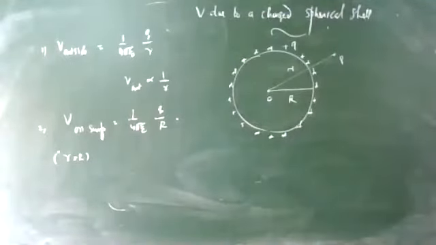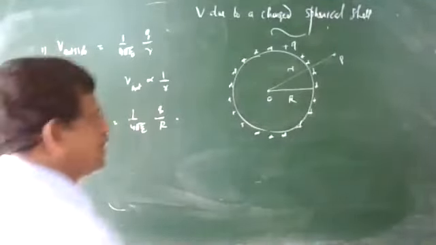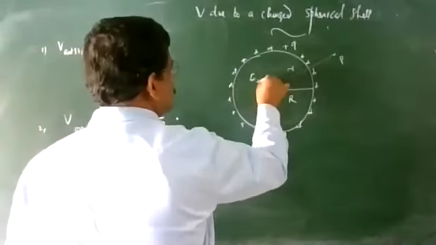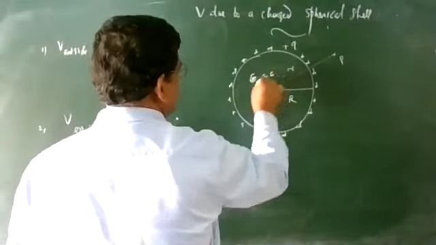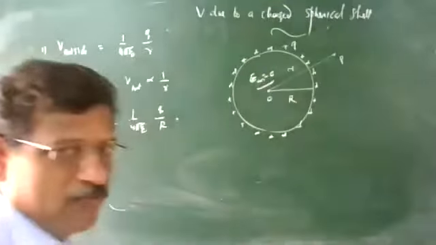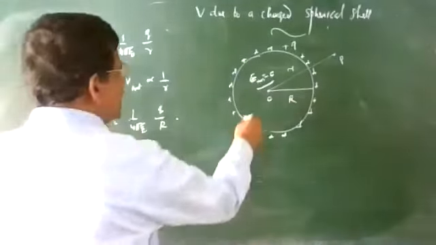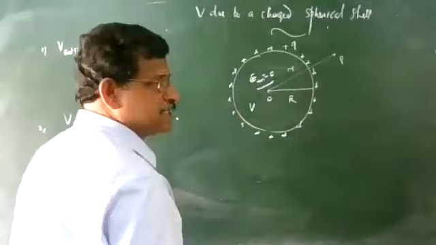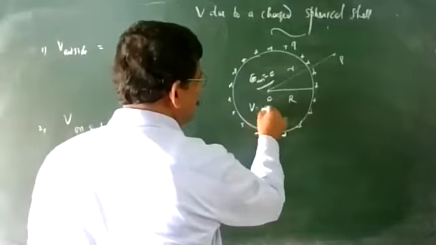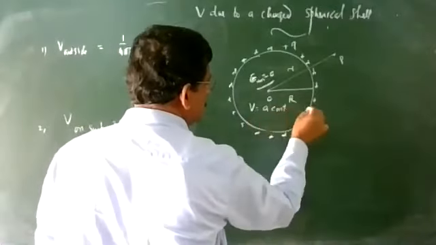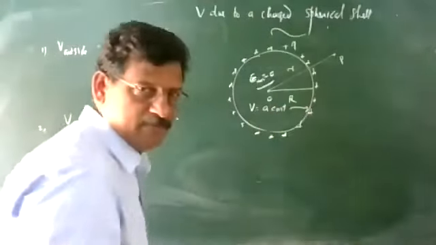You remember that the electric field inside the spherical shell is equal to 0 by Gauss's theorem; we have proved it. But the potential inside is not equal to 0. It is a constant, equal to the value on the surface.